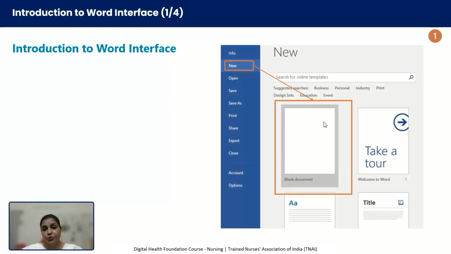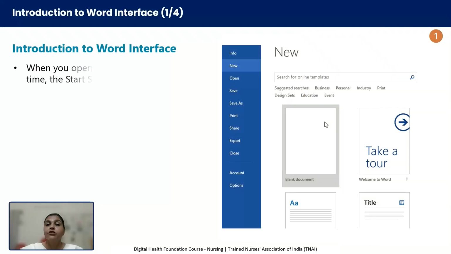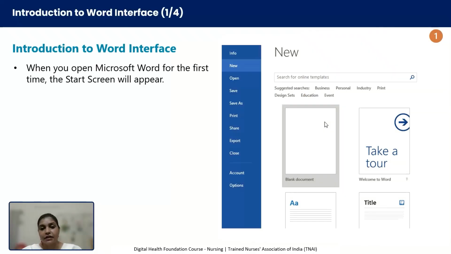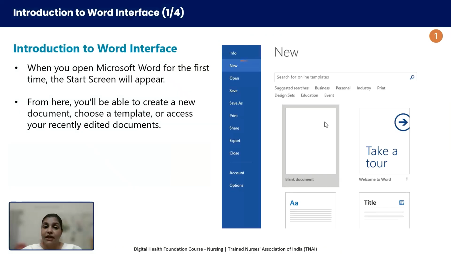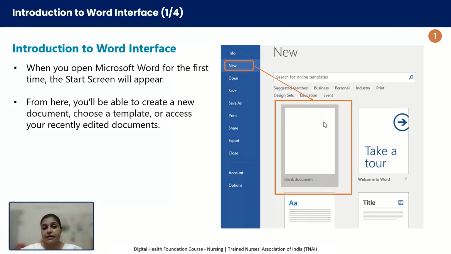Previously, we saw an overview of four key basics of Microsoft Word. Now, let's explore the first step, which is the Word interface. When you open Microsoft Word, you'll be greeted by the Start screen. From here, you can create a new blank document or choose from pre-made templates.